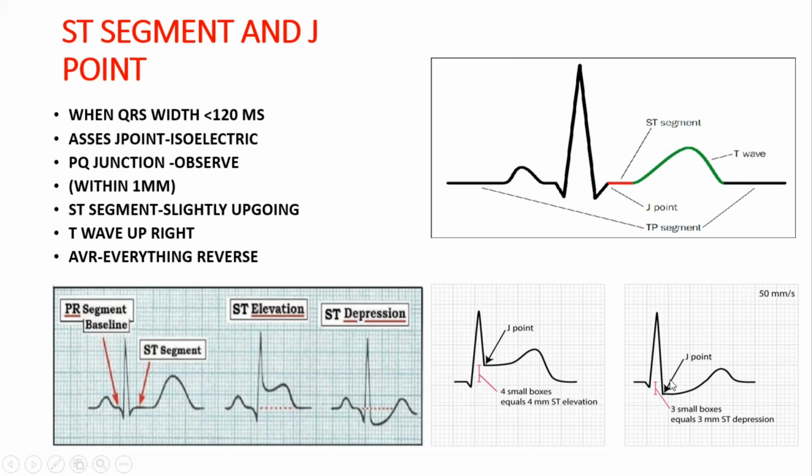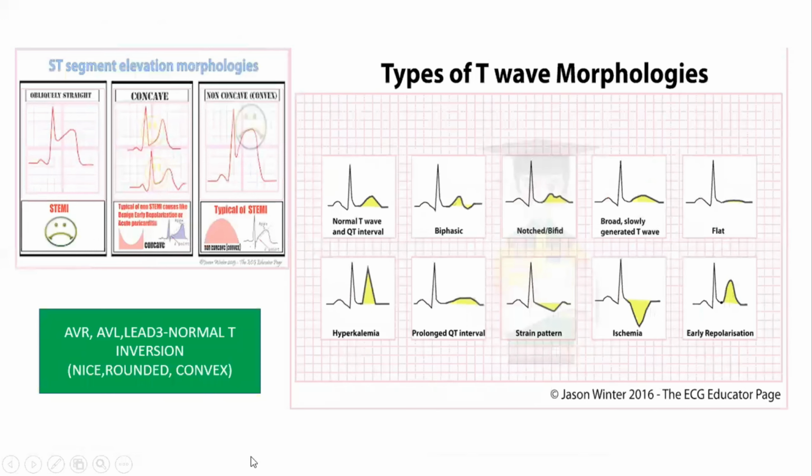Here from isoelectric line 3 small boxes equals to 3 mm ST depression. So normal T wave has a nice round convex appearance. This is biphasic T wave. This is notched or bifid T wave, broad slowly generated T wave, flat T wave.